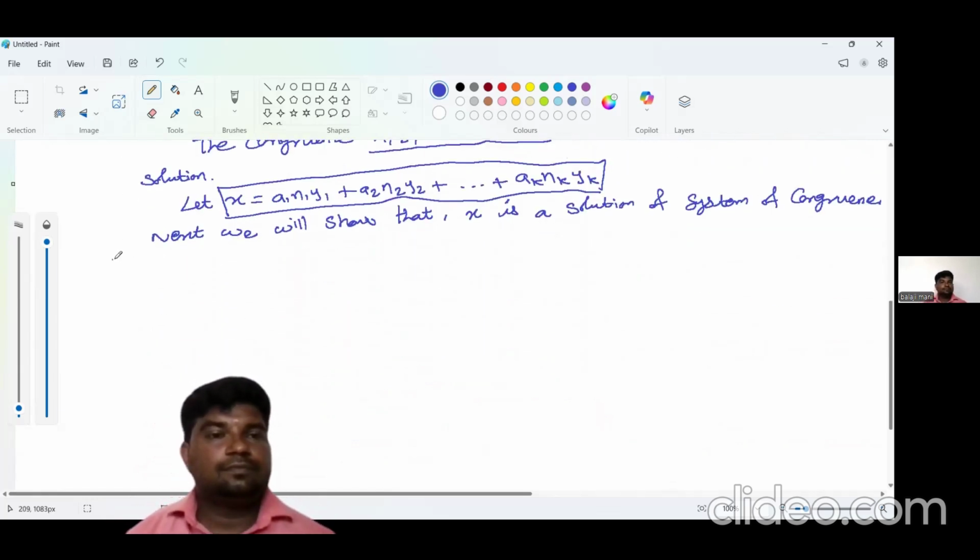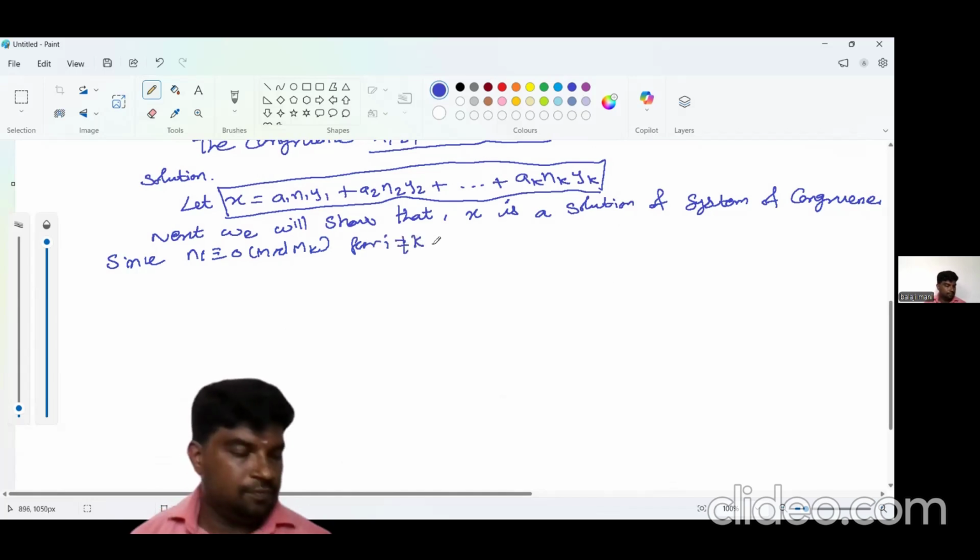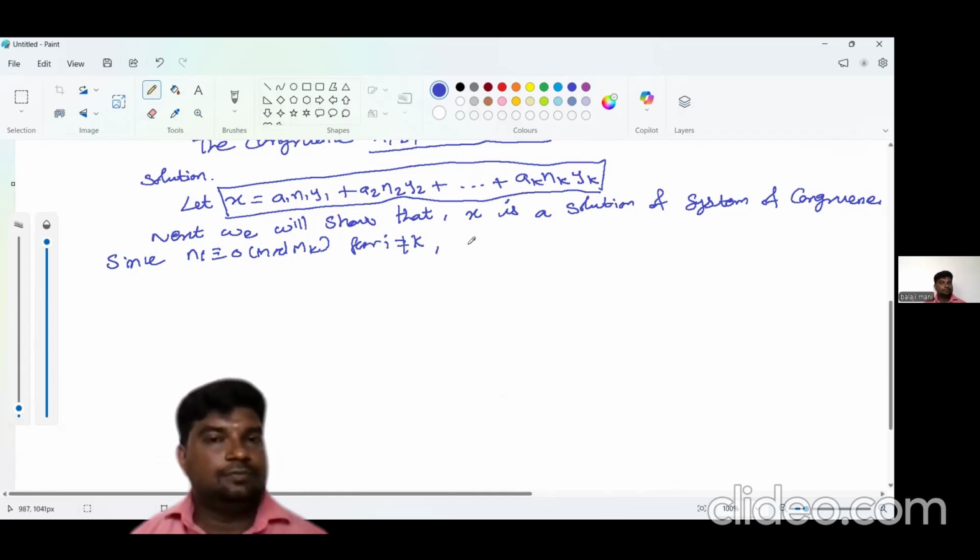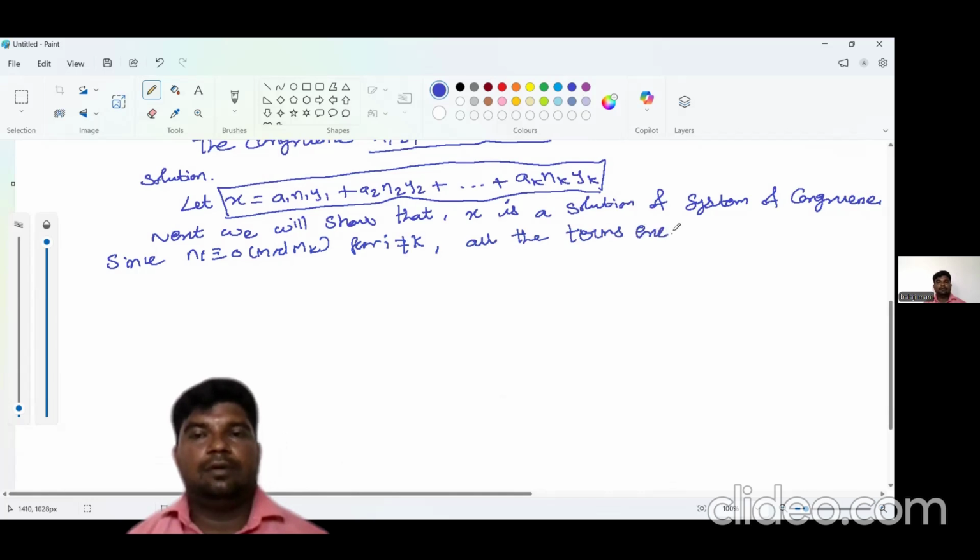Since ni ≡ 0 mod mk for i not equal to k, all the terms except the kth term vanish.